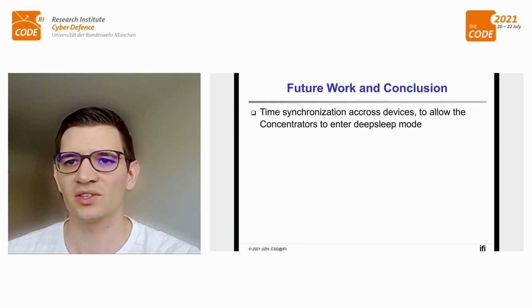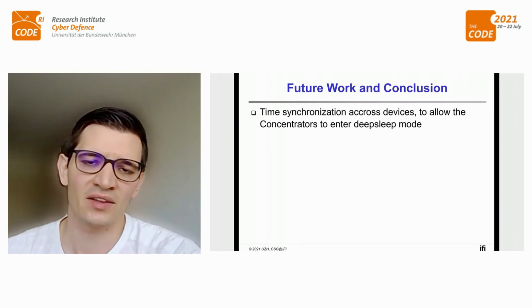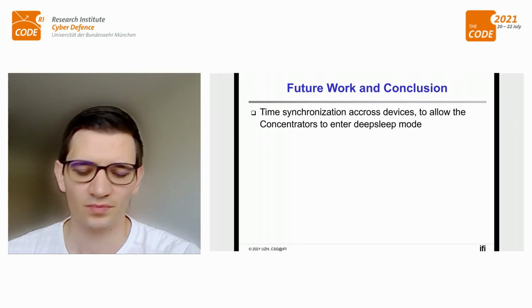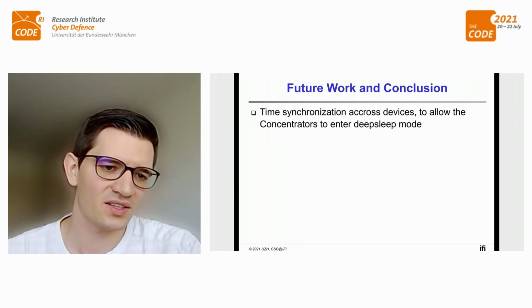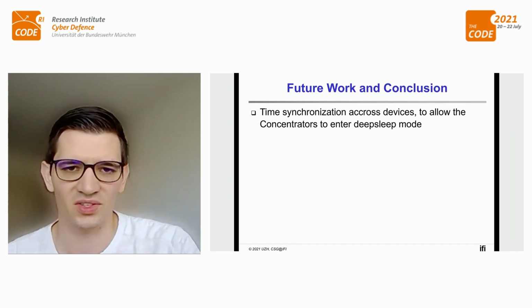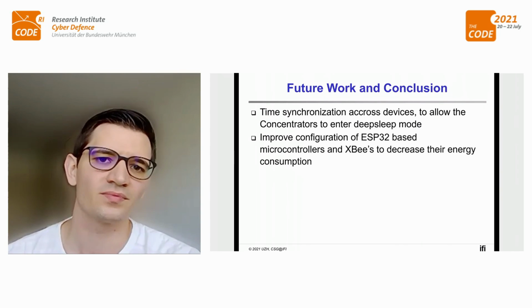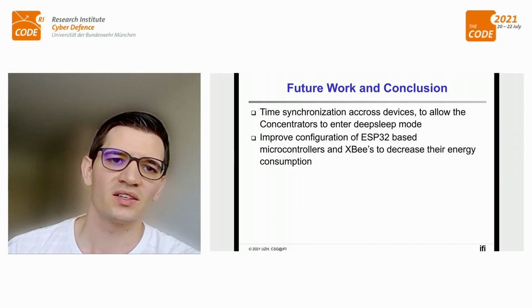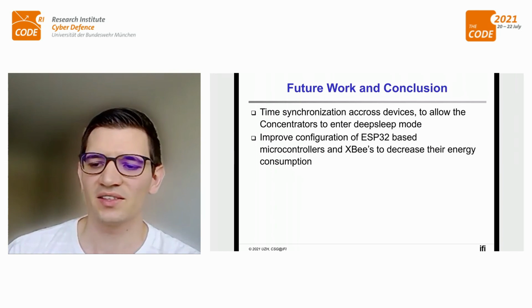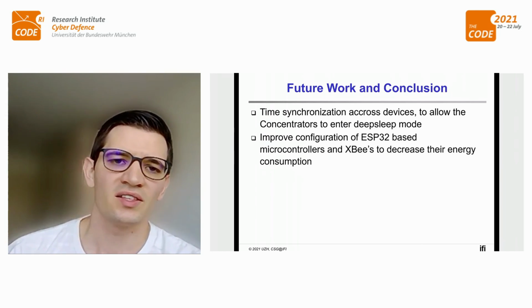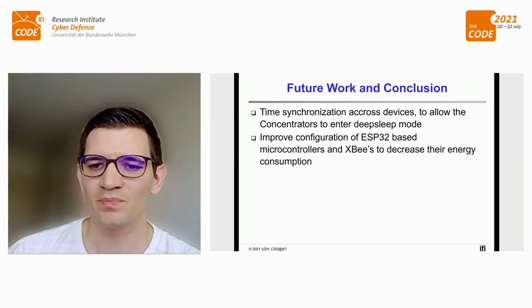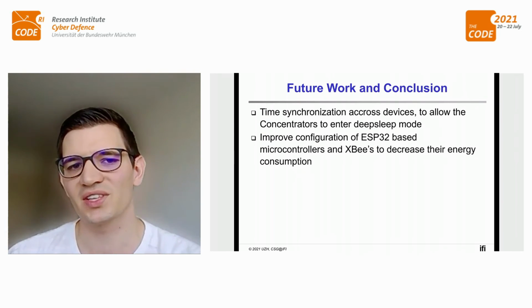This would allow the concentrators to enter deep sleep mode as well, because the end devices would know when they can send messages and when the concentrators are asleep. Then the configuration of the devices needs to be improved. For example, functionality that is not needed should be powered off in order to save energy.